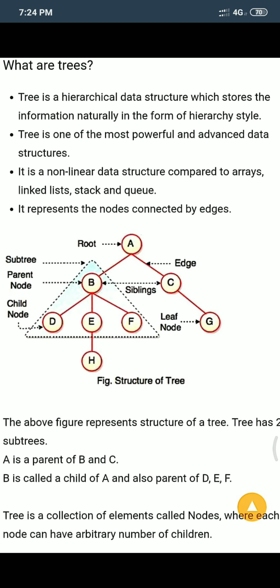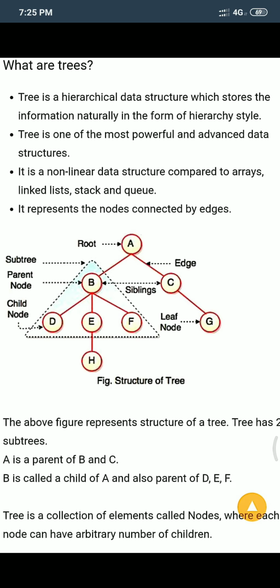Technically, a tree is a finite set of one or more nodes such that there is a specially designated node called the root, and the remaining nodes are partitioned into n disjoint sets T1, T2 till Tn, where n is greater than 0, and each Ti, where i equals 1, 2, 3 till n, is a tree.